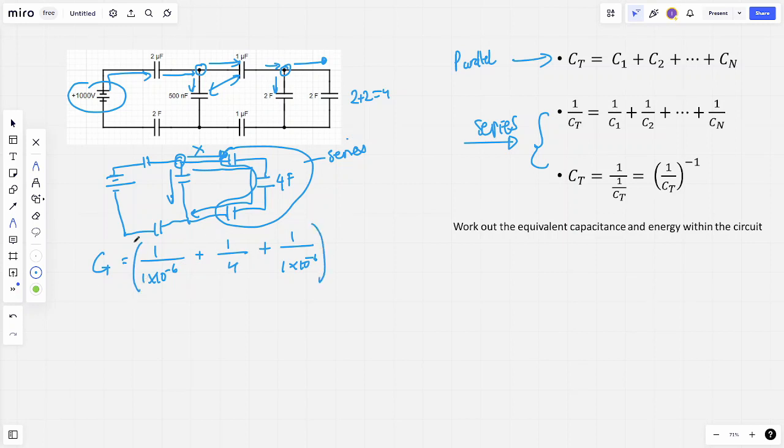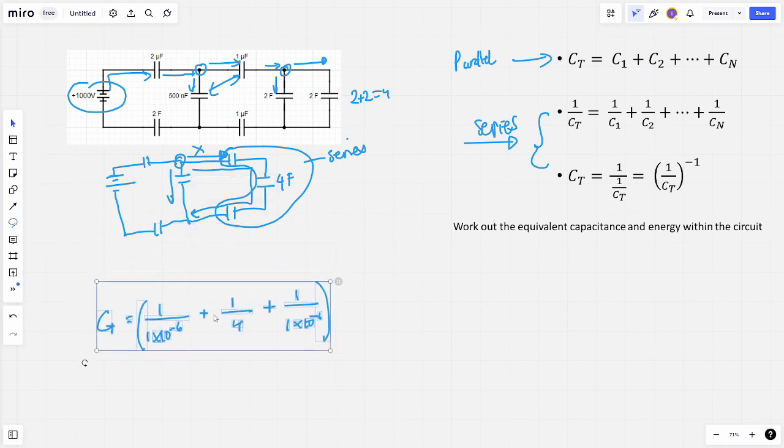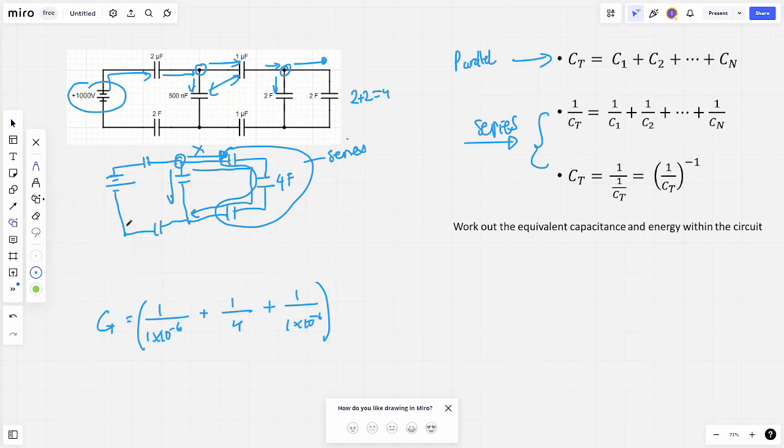Now let me just quickly move this downwards so we can see it. Then we take the reciprocal as mentioned, and that's going to equal 0.5 microfarads. So let's redraw that circuit again.